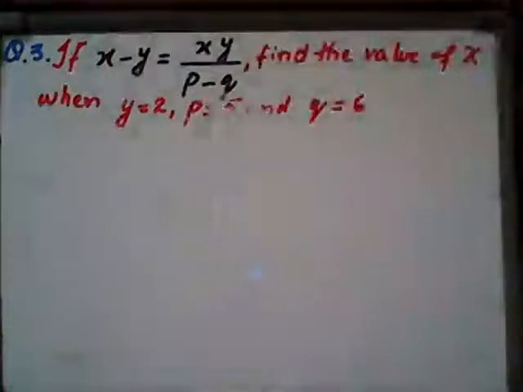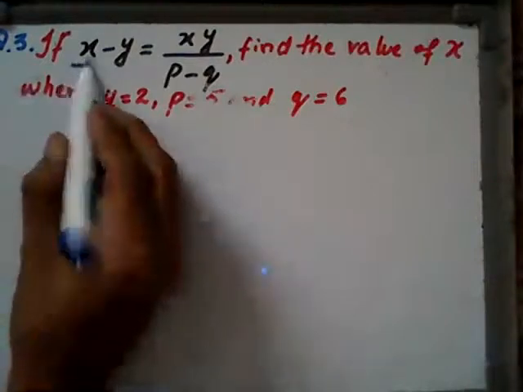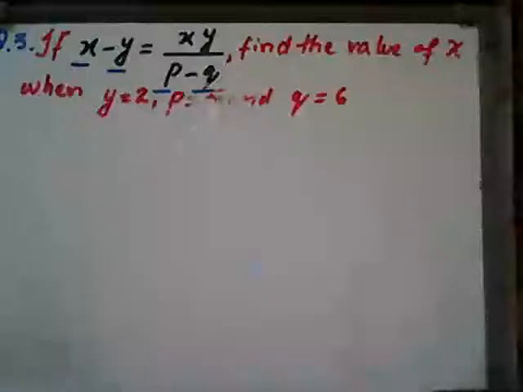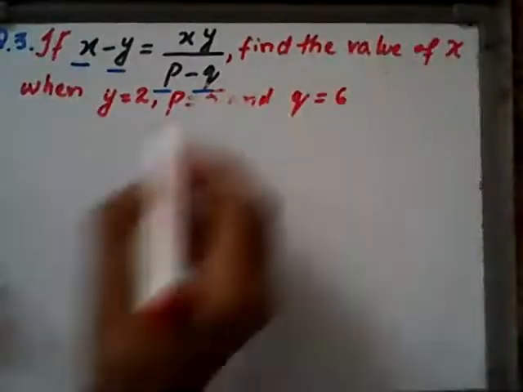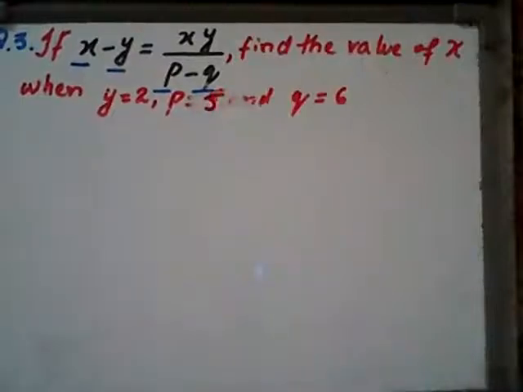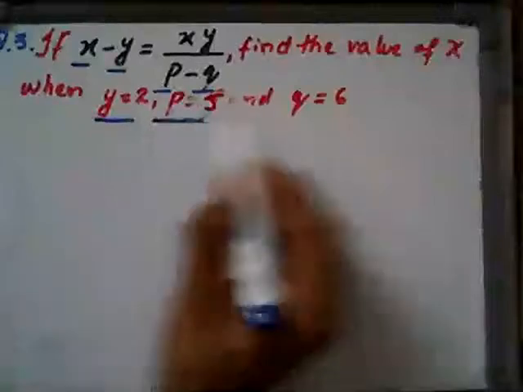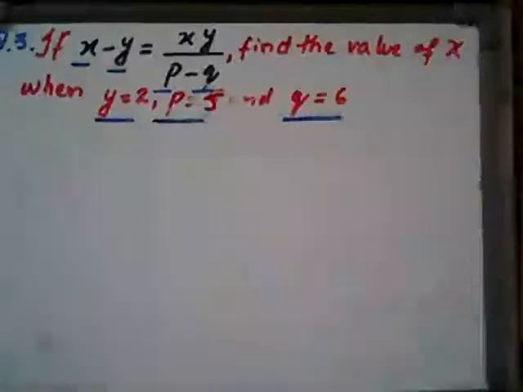Okay, so you can hear the variable is equal to x, y, and p over q. So how many variables are there? Let's look at these variables: x, y, p, q. So we have four variables. Out of these four, the values of three variables are given.